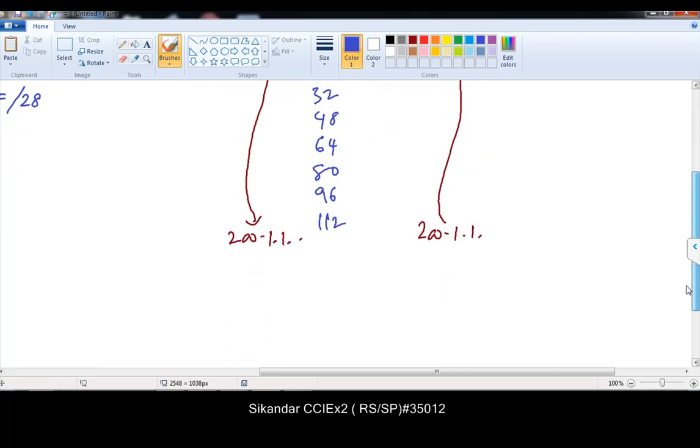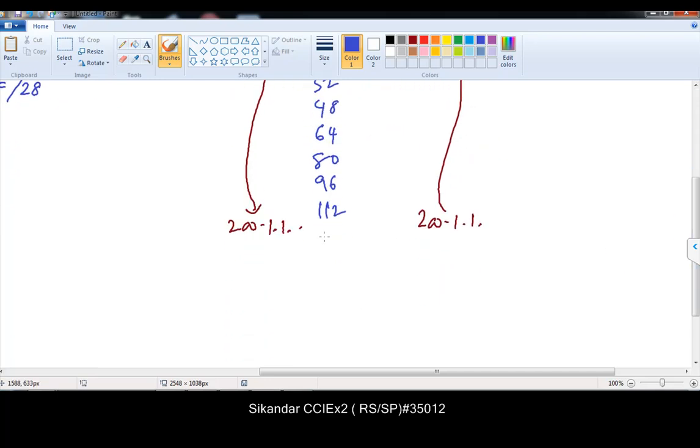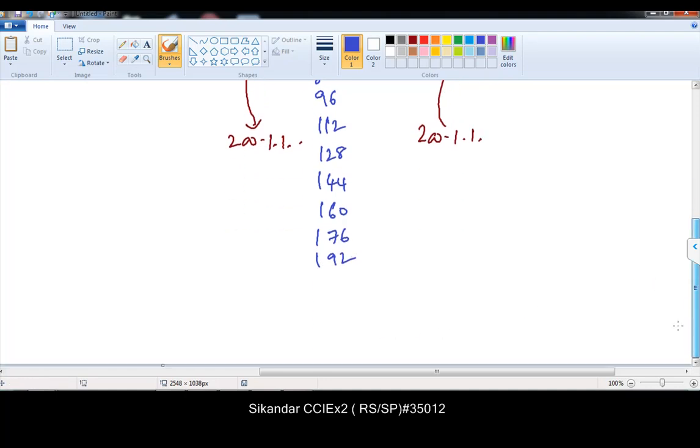And if I do plus 16, I get 128, plus 16 it becomes 144, plus 16 160, plus 16 176, plus 16 192, plus 16 208, plus 16 224, plus 16 240.